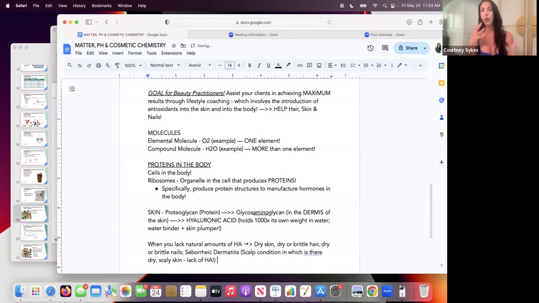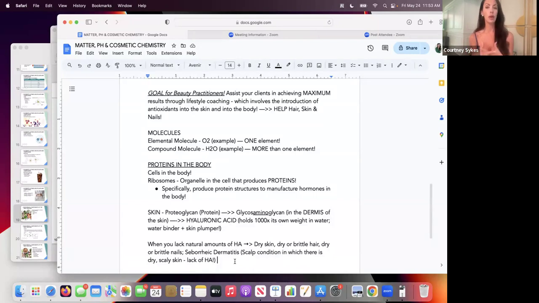So that is one example of many things where it could ultimately be slightly a birth defect, but also paired with lifestyle choices.